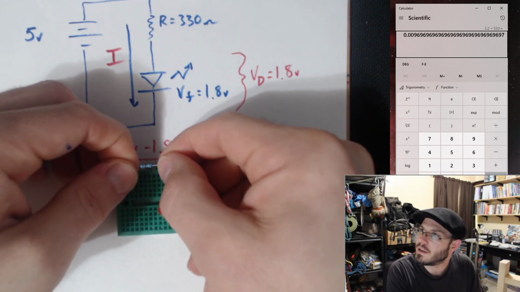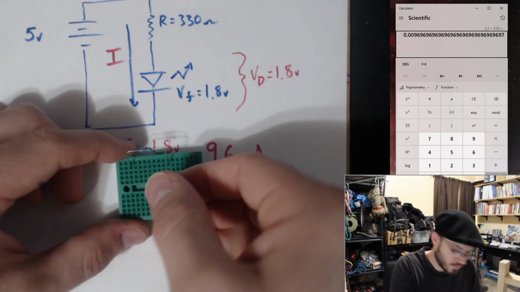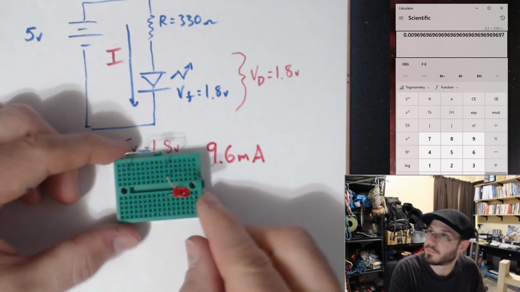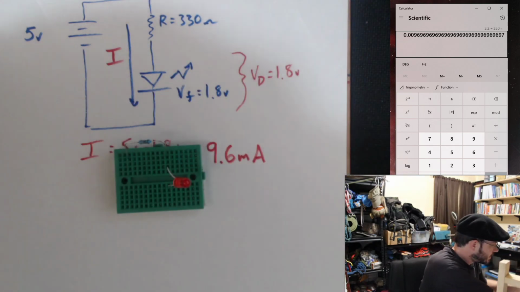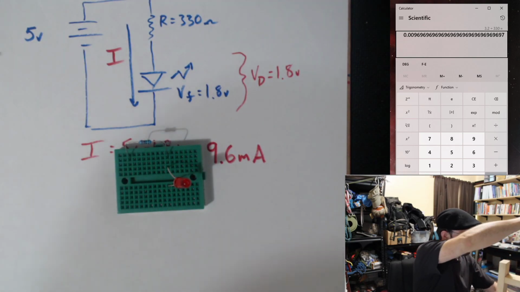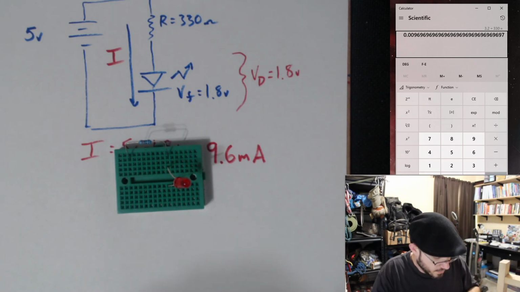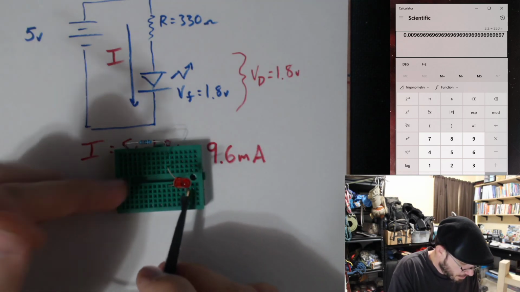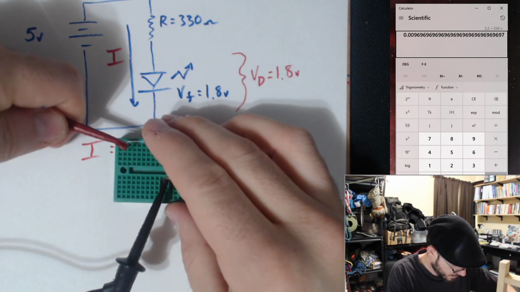I'll bend this so you can see it a little better. Now I'm going to take my voltage source, and connect the minus side down here and the positive side over here.